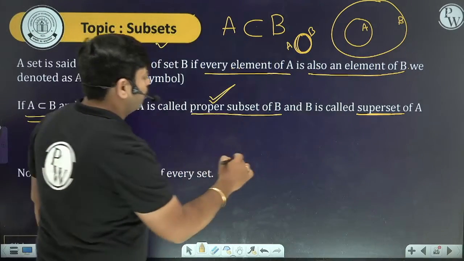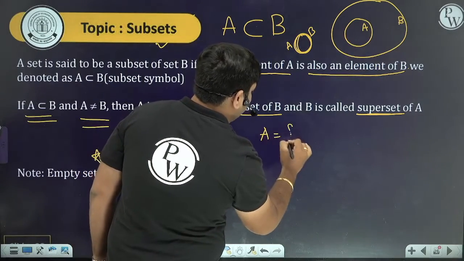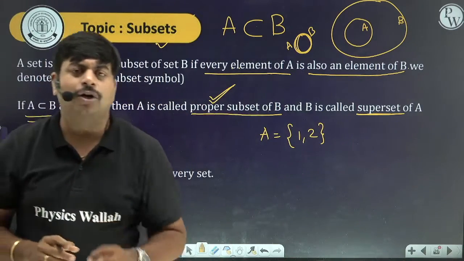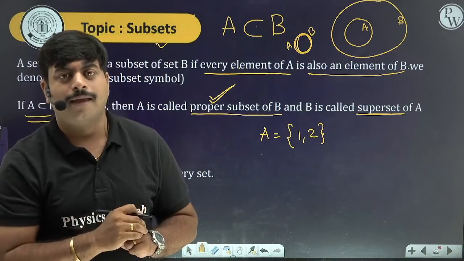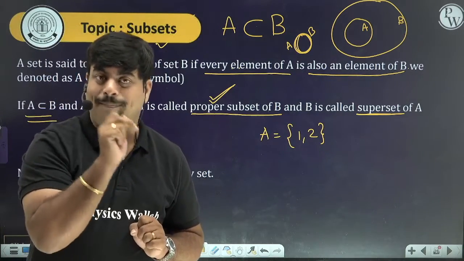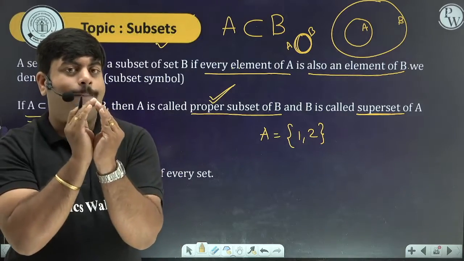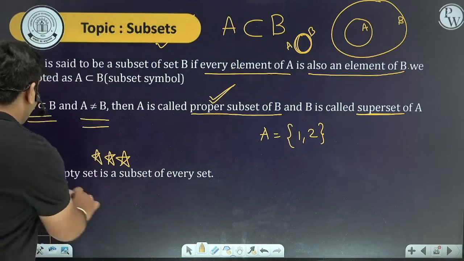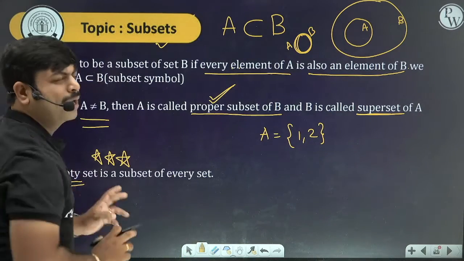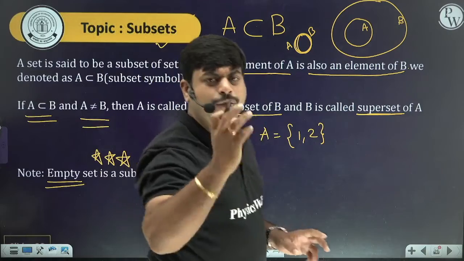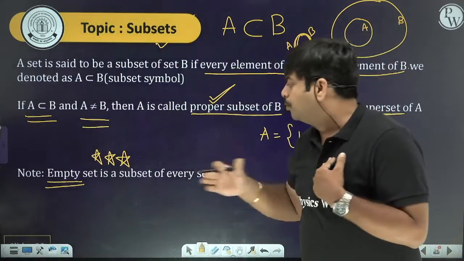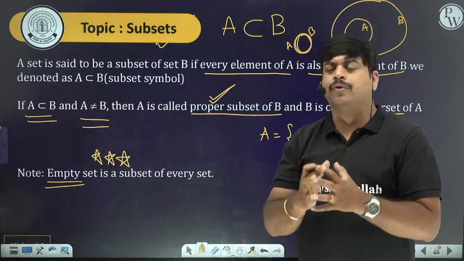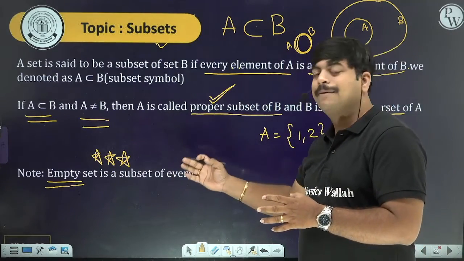So for example, I talk about a set A equal to {1, 2}. Carefully observe. I want to write down all the subsets of this. I need to write all the subsets of A, the small parts of that, as well as the equal set, as well as the empty set. People, this is one more ambiguous thing that many of you, even me, will still argue about. We don't have a solid proof to say the empty set is a subset of every set.